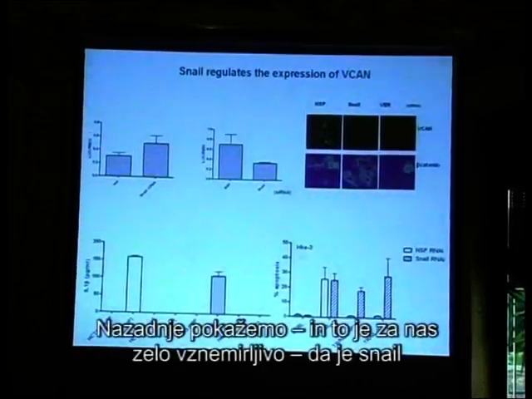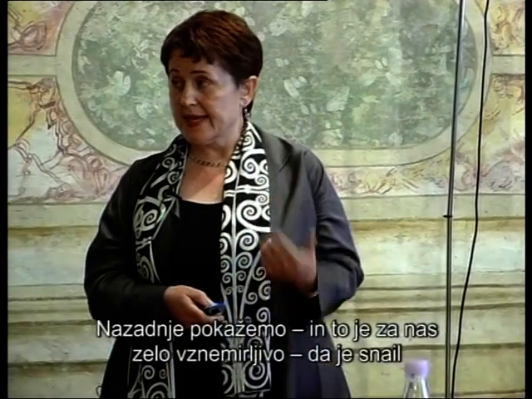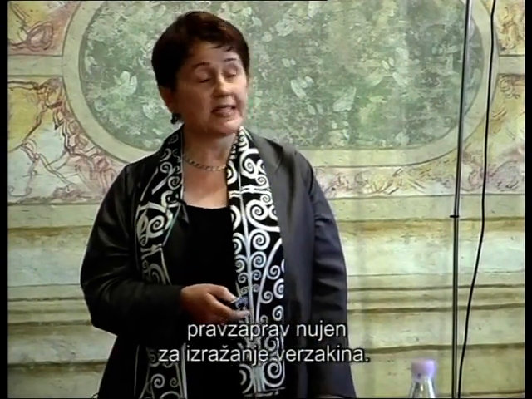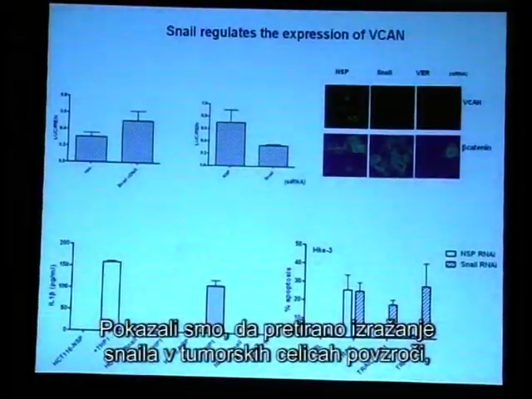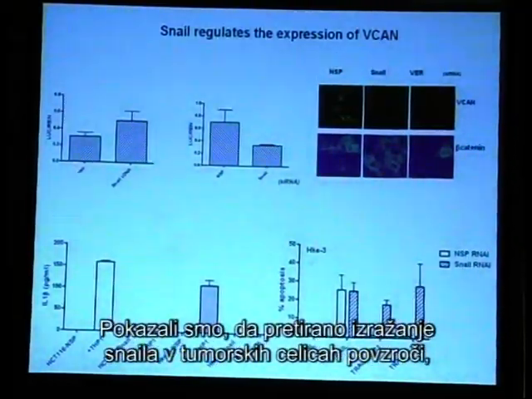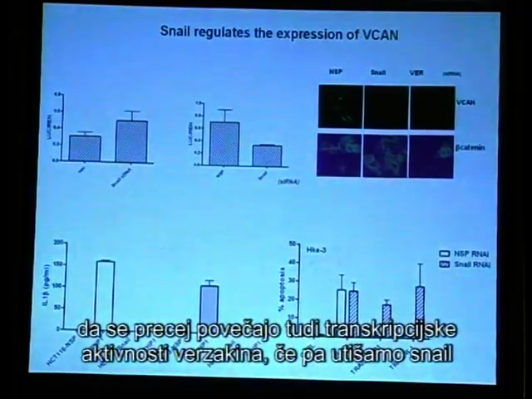Finally, we show, and that was quite exciting for us, that SNAIL is actually required for the expression of versican. If we overexpress SNAIL in tumor cells, transcriptional activity of versican increases quite a bit.